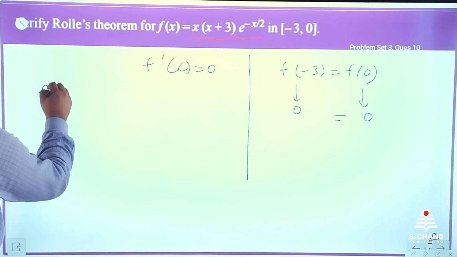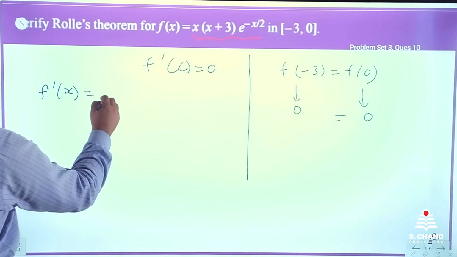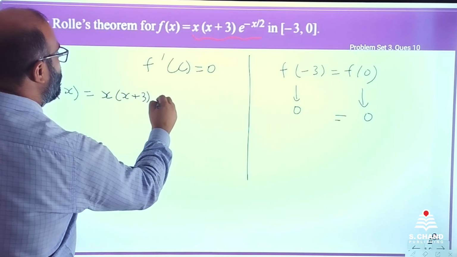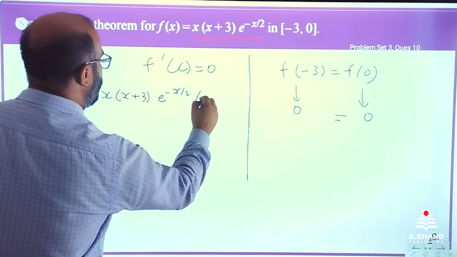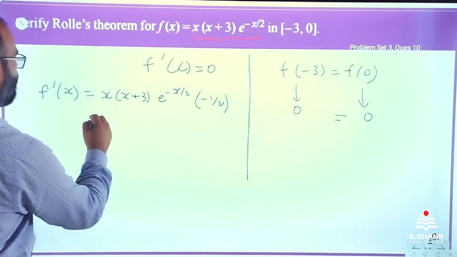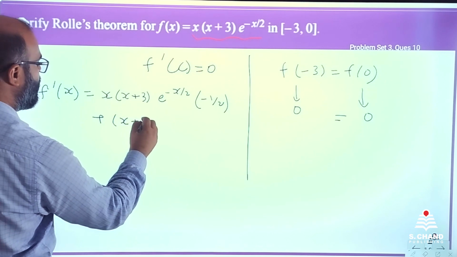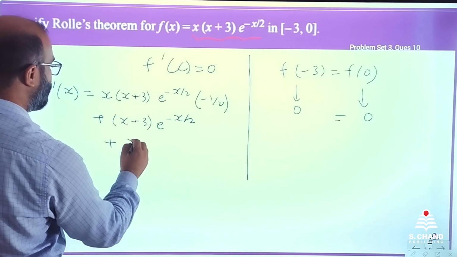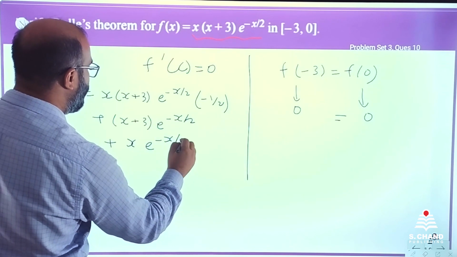So the derivative of f(x) is f dash x, which is x into (x plus 3) into e to the power minus x by 2 into minus half, plus (x plus 3) into e to the power minus x by 2, plus x e to the power minus x by 2.